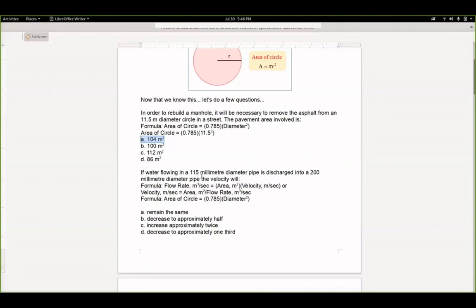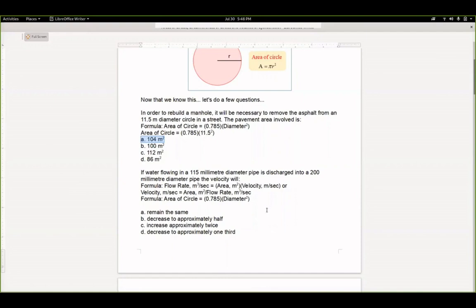Next, if water is flowing in a 115 millimeter diameter pipe and it's discharged into a 200 millimeter diameter pipe, the velocity will do what? So the formula is that the flow rate in meters cubed per second is equal to the area in meters squared times the velocity in meters per second.